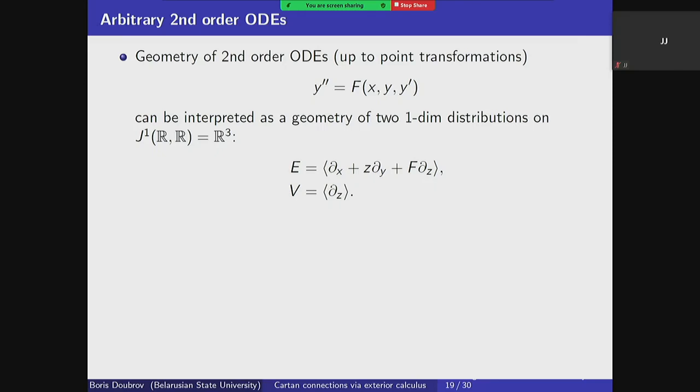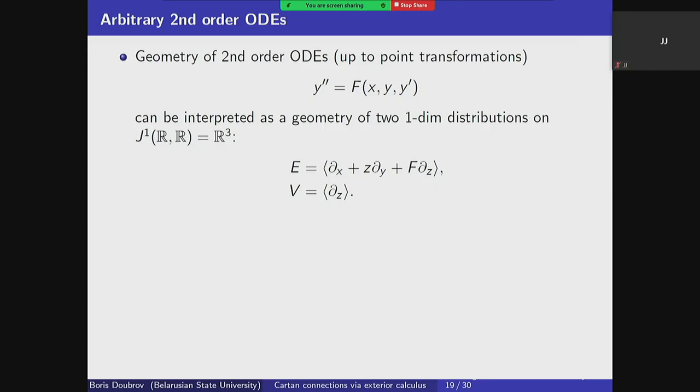This is exactly the contact distribution, one of the models for contact distribution in R3. So at each point we'll have planes which form the contact distribution, and inside each plane we'll have two directions. This is a geometric way to understand an arbitrary second-order ODE, and we'll now try to find another Cartan connection that is uniquely associated to this one. First we need to define what would be the model of our connection.